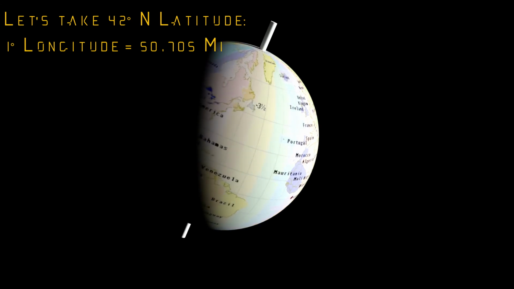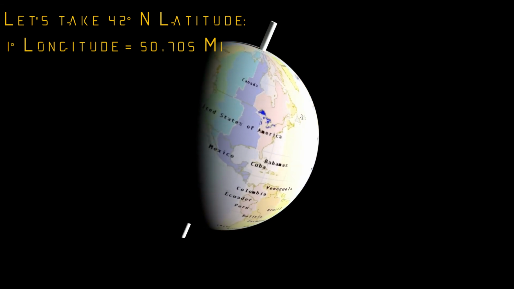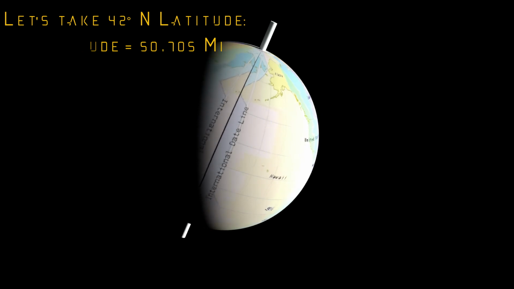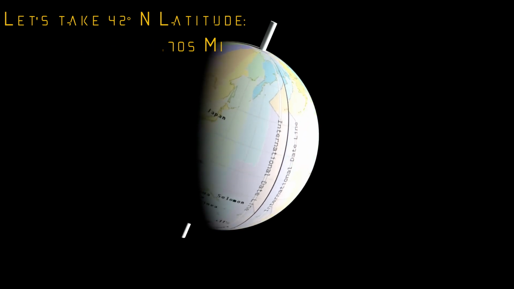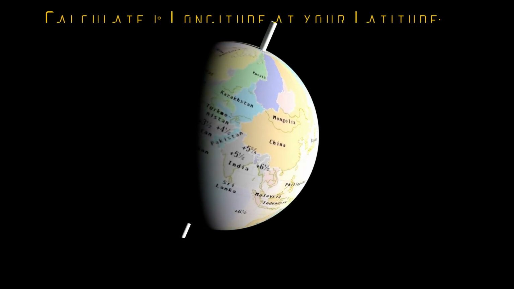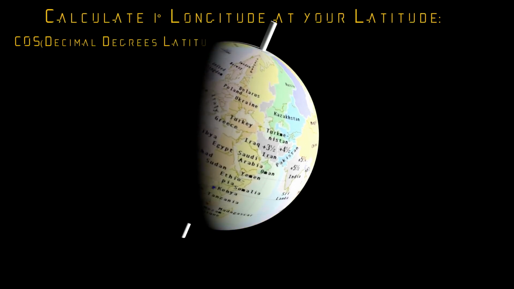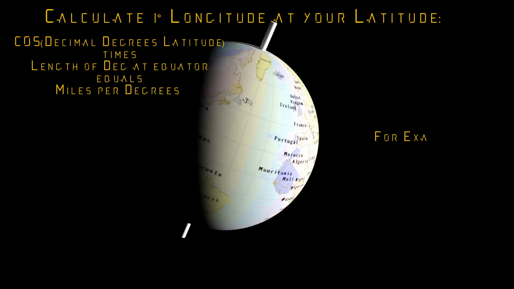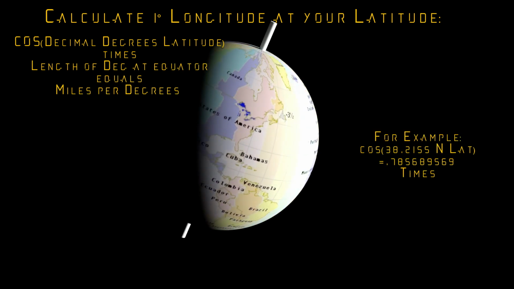So the sun rises at a point on the surface approximately 4 minutes before a point 50.7 miles to the west. To calculate your 1 degree distance at your specific latitude, I will put up the formula to calculate that. It's pretty easy. Check it out. Try it. Have fun.